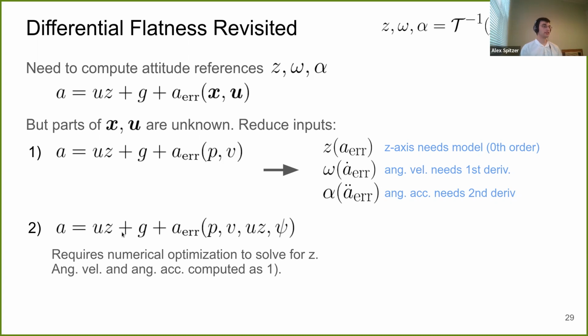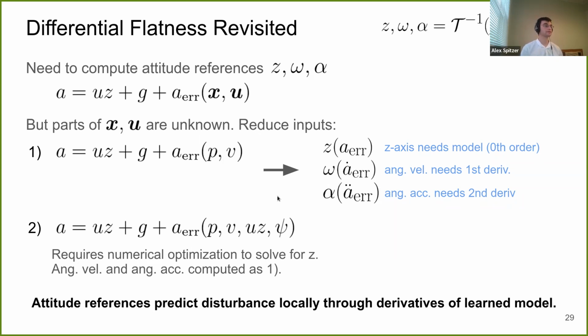Again, to compute the other control inputs, we can just differentiate that and we get the angular velocity, which is needed for feedback, and the angular acceleration. Really, these derivatives predict what's going to happen to the disturbance. If you don't look at the derivatives of the model, you don't really know what's going to happen to the disturbance in the future.